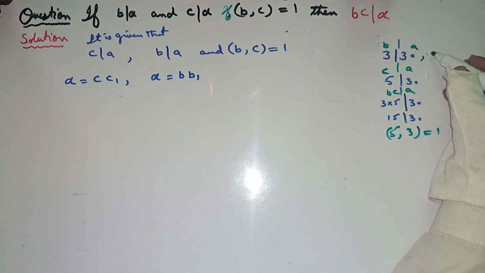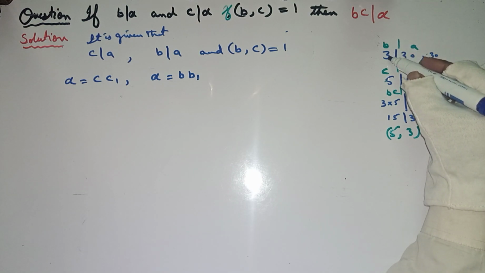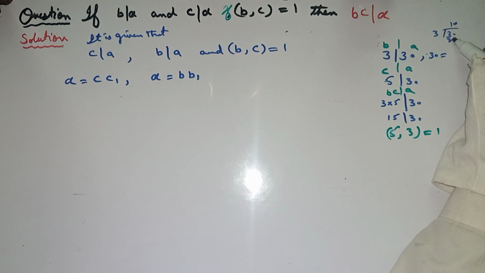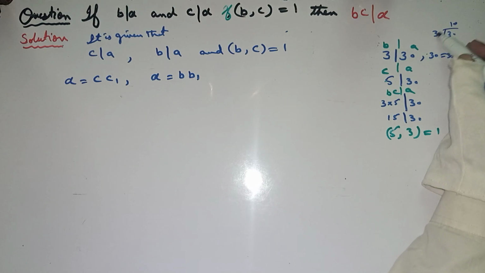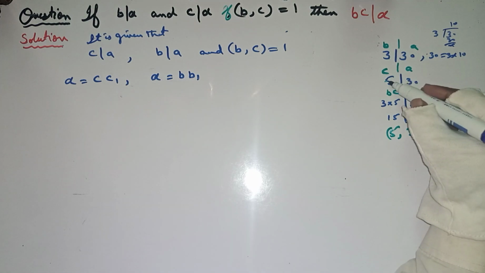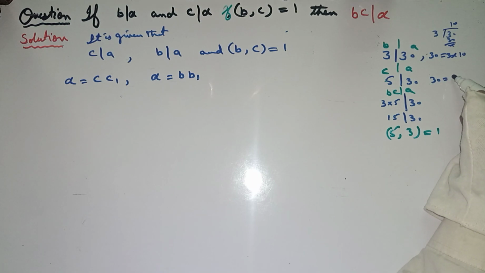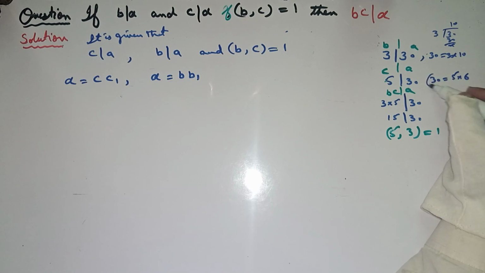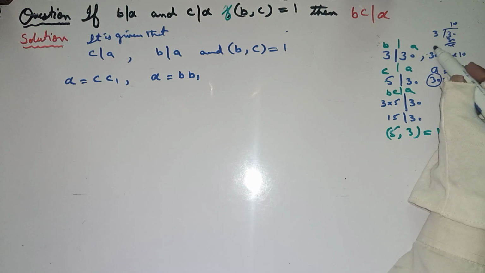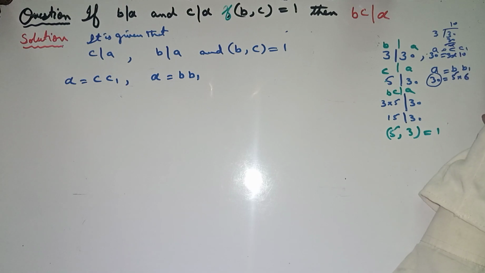Just like I write 30, because 3 divides 30, 3 divides 30, 10 times, I can write it as 3 multiplied by 10. And if 5 divides 30, I can write 30 as 5 multiplied by 6. This is A, this is B, and this is B1. Okay, this is A, this is C, this is C1.